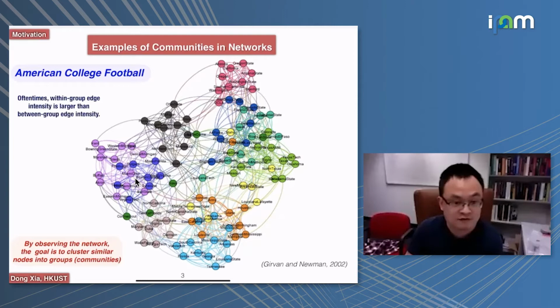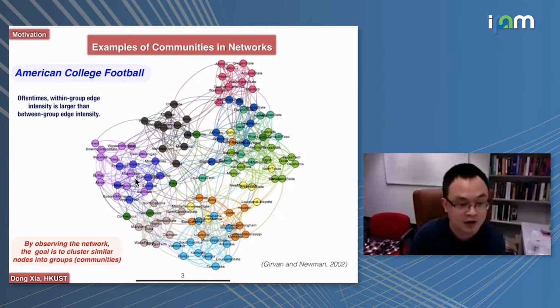For this kind of structure, we can consider what is the difference in the network. It is usually observed that if two teams belong to the same group, then it is more likely that they will play a game. In other words, there is more likely to be an edge between two vertices if they belong to the same group.